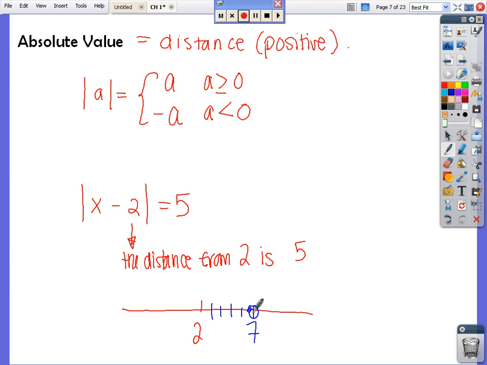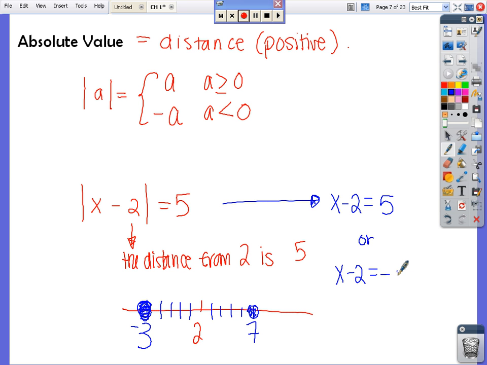Or I could go backwards 1, 2, 3, 4, 5, and get to -3, and those both would be the answer. To solve absolute value, we actually set the equation equal to itself, and then we also set it equal to the negative value.